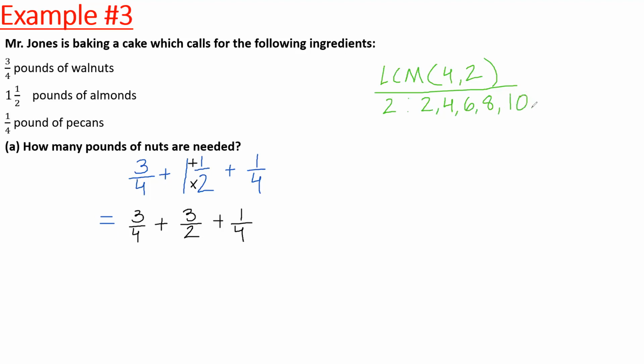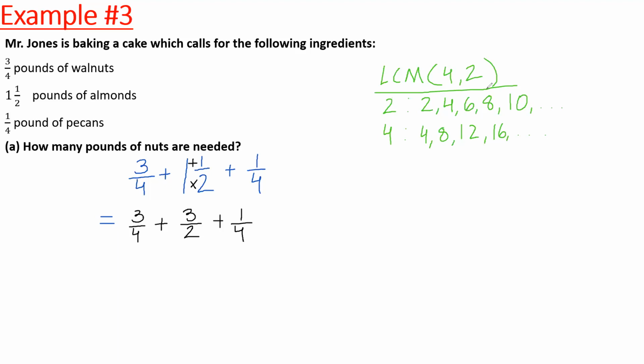And then the multiples of 4 are gonna be 4, 8, 12, 16, and so on. So what we have here is the lowest common multiple of 4 and 2.